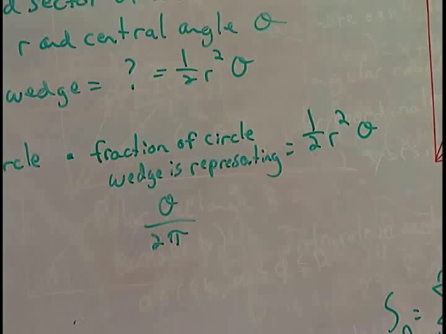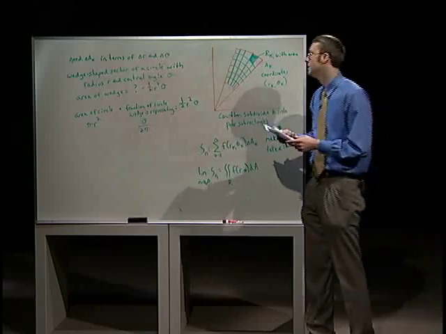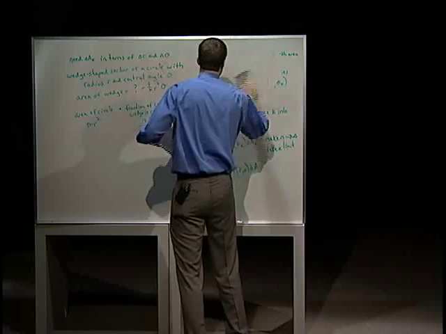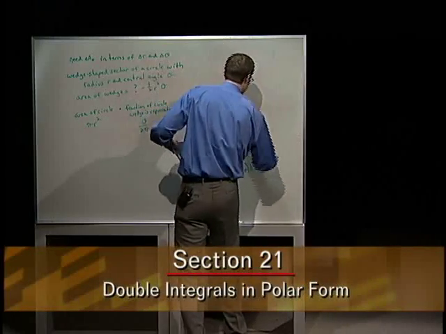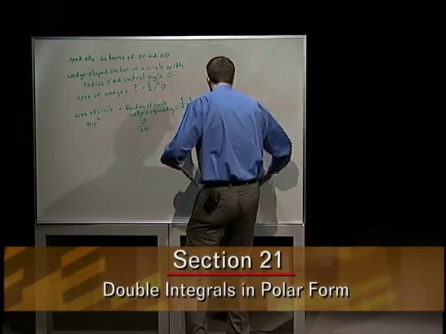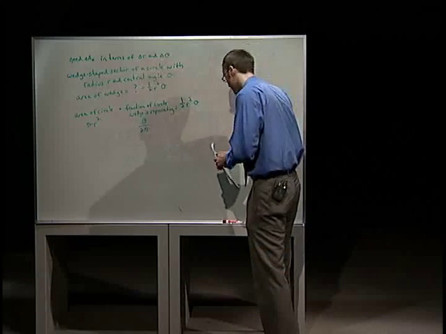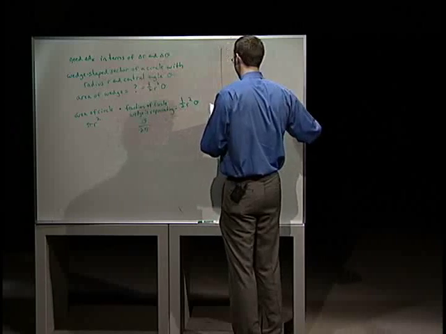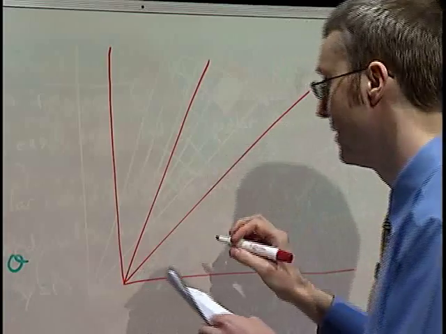And that's helpful to us because these are wedge-shaped objects here. That'll help us out a lot. Okay, so now let me redraw this picture over here, only I want to zoom in on that single polar subrectangle this time. Let's see if we can be pretty precise here.